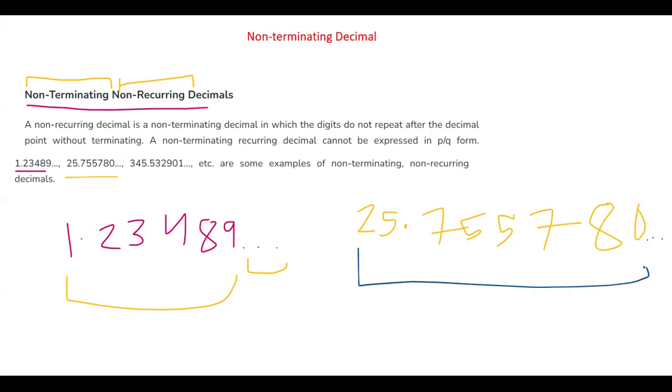Now the point arises, someone may say that here 5 is repeating, so why is it a non-recurring decimal? The point is it should repeat on and on, like repeating an infinite number of times. Here 5 is repeating but only 2 times. It is not that 5 is repeating an infinite number of times, so we will not count this. The digits after the decimal should repeat an infinite number of times, like in the previous case.